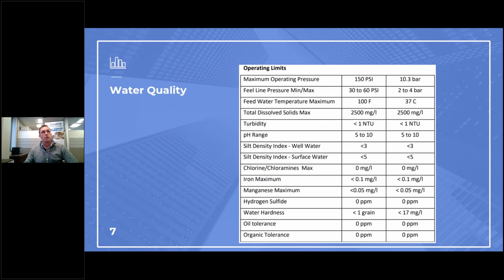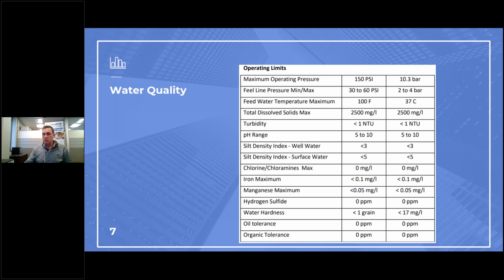Secondly, just as a quick reminder, in terms of water quality, what does the RO want to see for maximums and minimums? The ones that you really want to focus in on are a couple of them. We'll want to review the max iron and maximum manganese. We really don't want any hydrogen sulfide. Water hardness has got to be less than a grain.